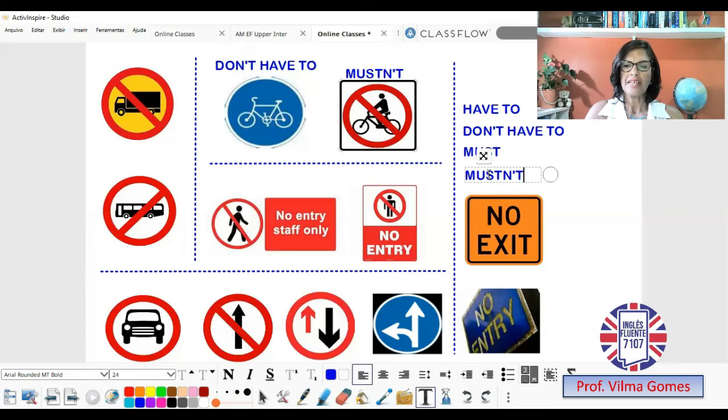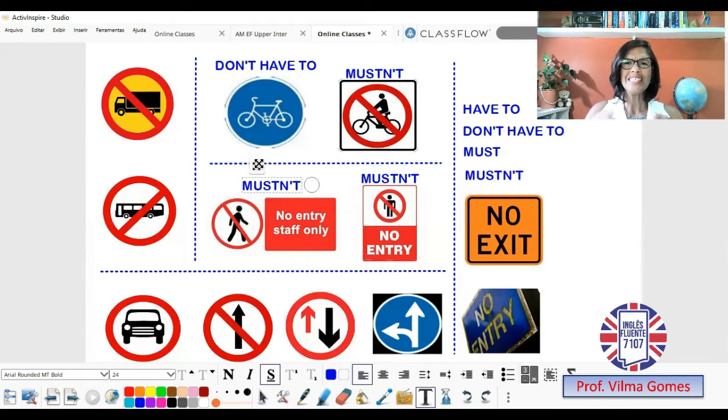Então, quer dizer que você não pode entrar. Certo? Então, aqui nós temos mais uma proibição. Proibições, prohibitions, né? Always with mustn't. Mustn't. Here, no entry. I have another prohibition.